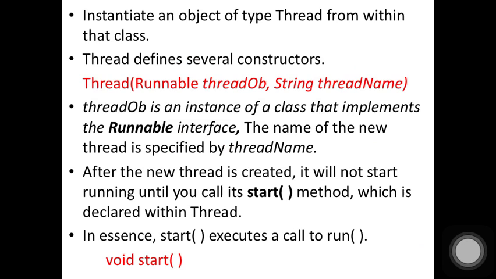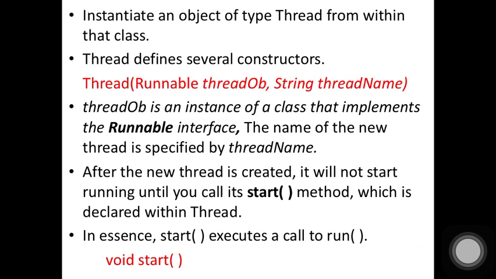And the Thread constructor has a simple syntax with two parameters: a Runnable thread reference and a String name. Here the Runnable is an instance of a class that implements the Runnable interface.